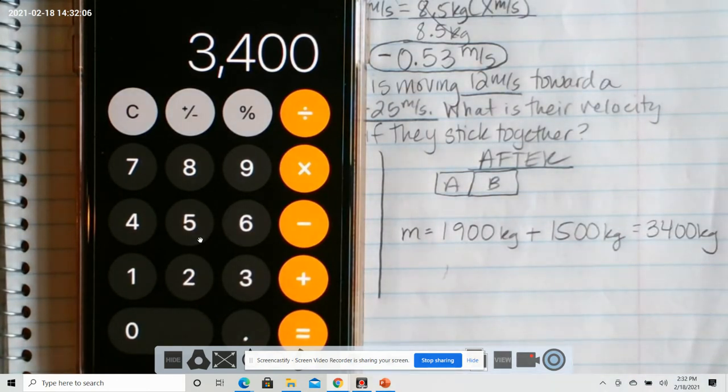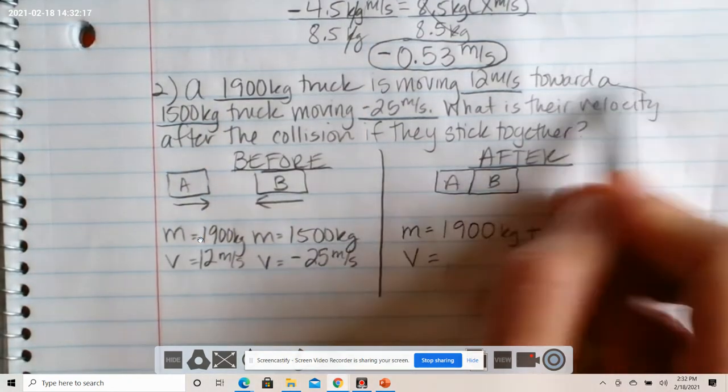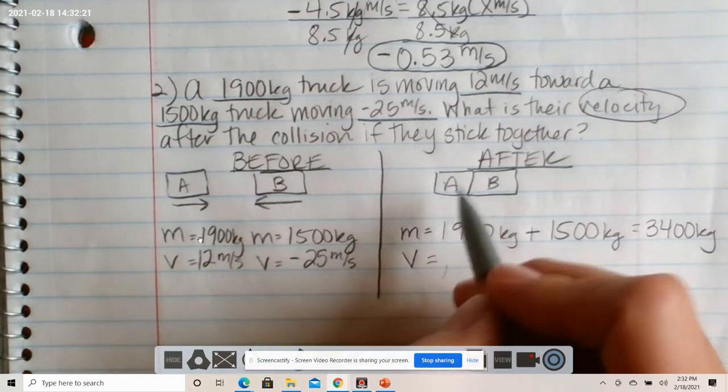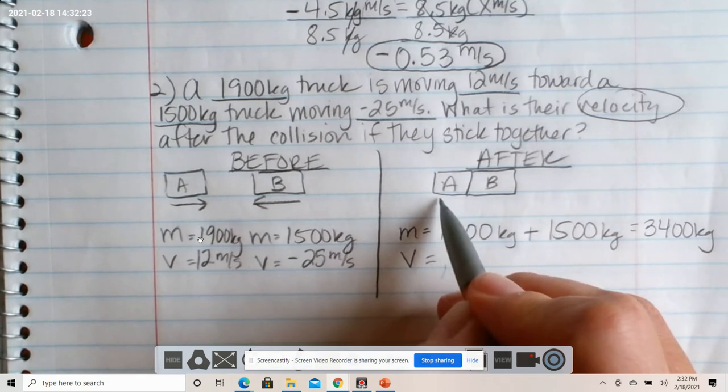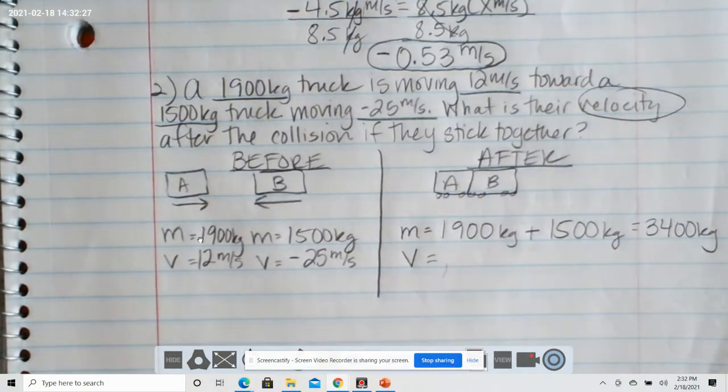And that is our mass now together for the two objects. We are now also looking for their velocity after the collision. So that's really important. So now they're stuck together and they have wheels. So that's why they're going to move after the collision. Well, there's all their wheels. Probably more than that. Notice they have no fronts. They're just box. I'm a terrible drawer, you guys.